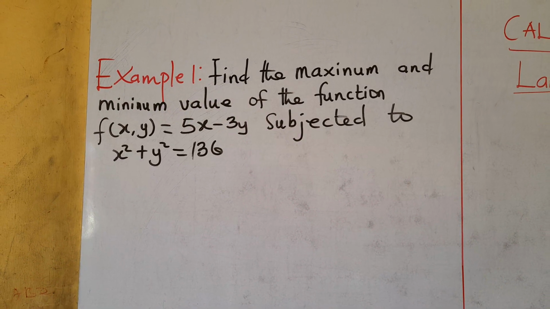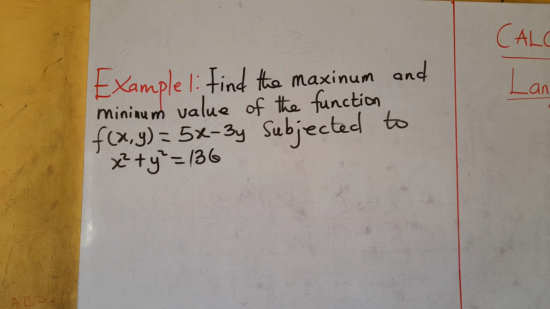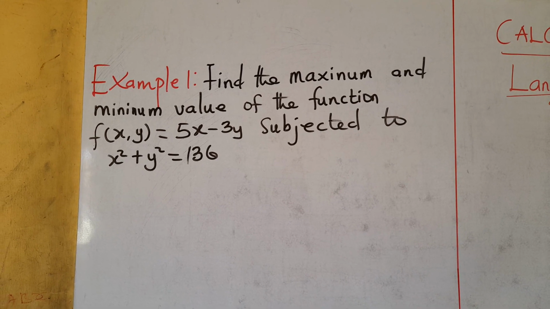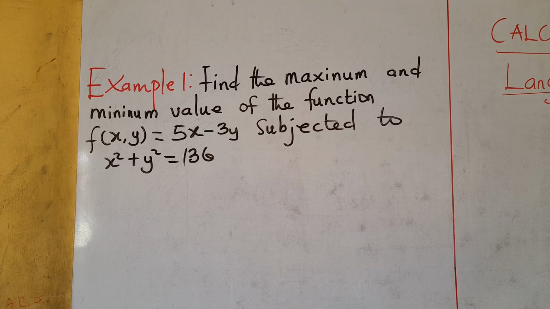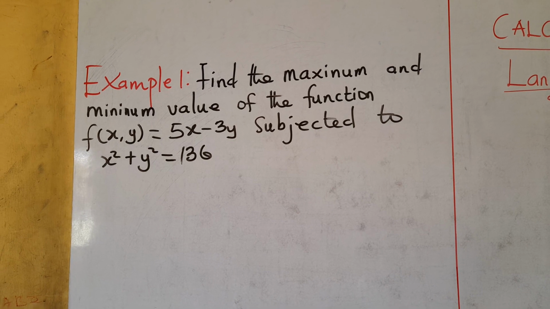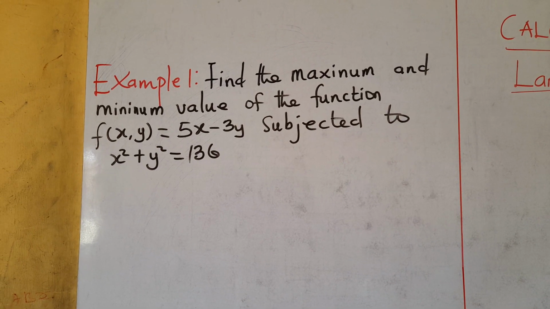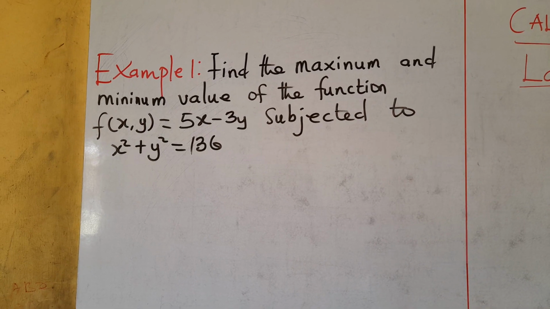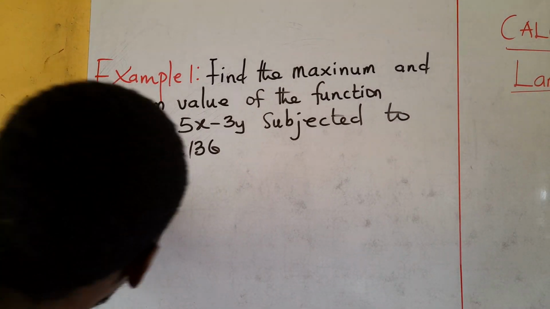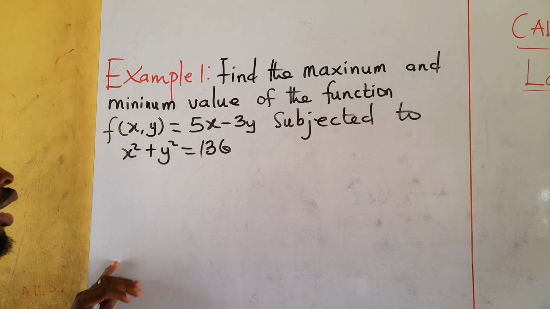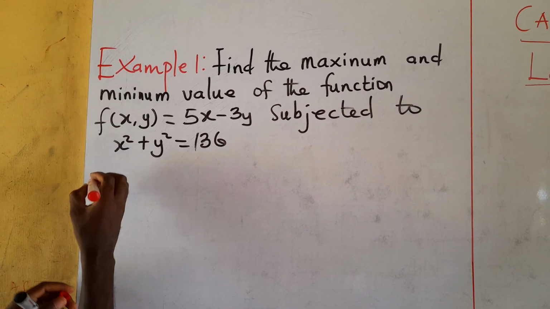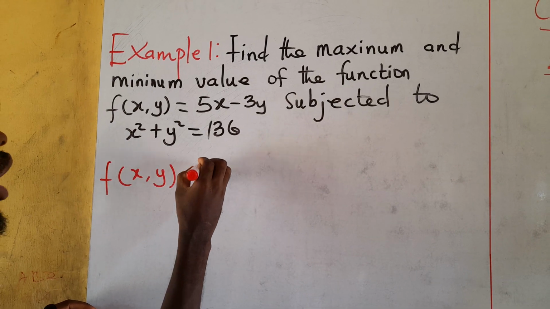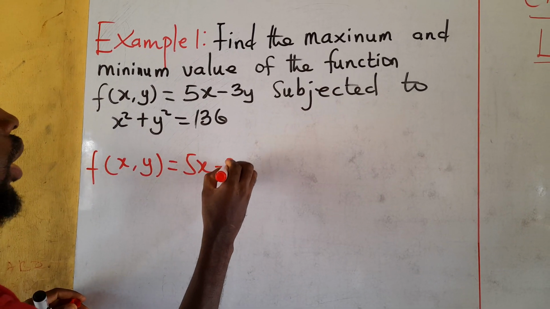So let's look at our first example. They say find the maximum and the minimum value of the function f of x and y equal to 5x minus 3y subjected to x squared plus y squared equal to 136. So how do we do that? We are going to use Lagrange multipliers to find the minimum and the maximum value. Remember our function f of x, y is 5x minus 3y.